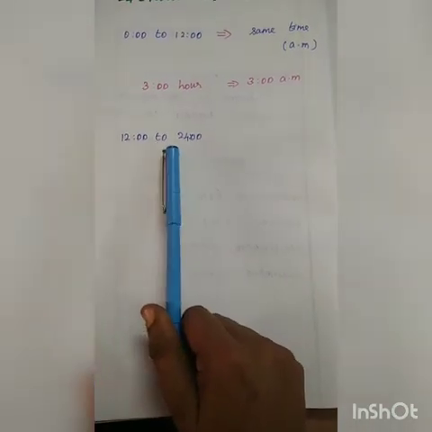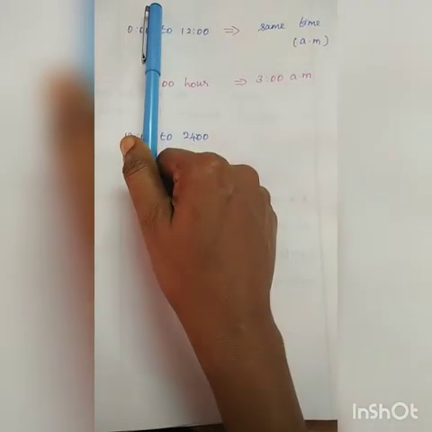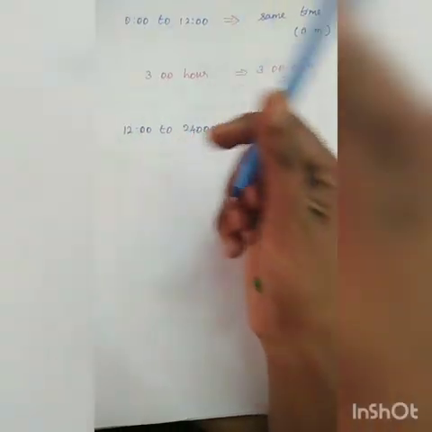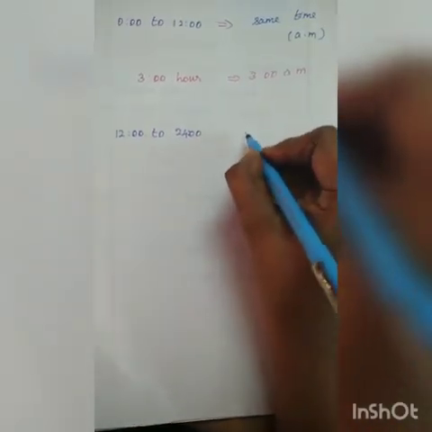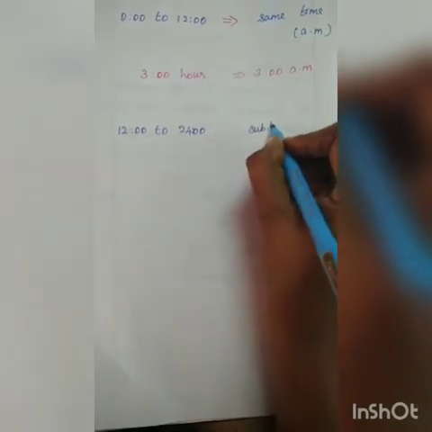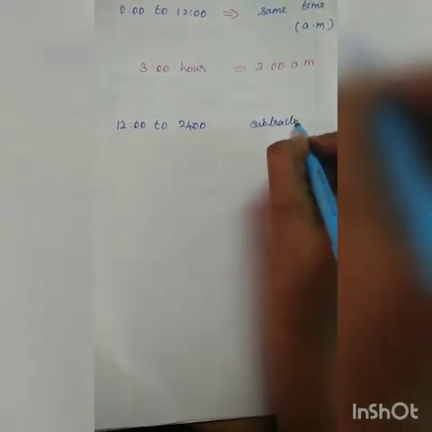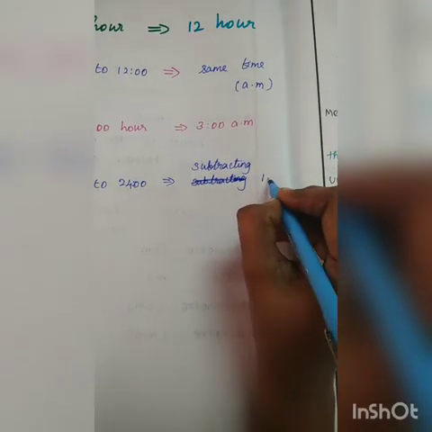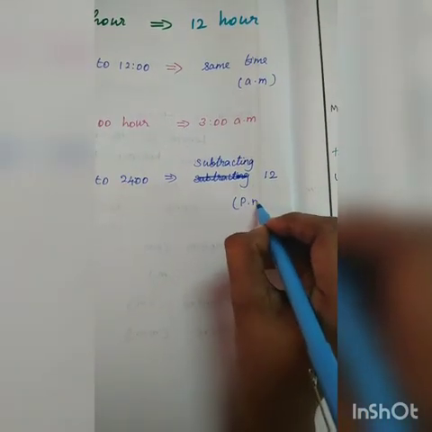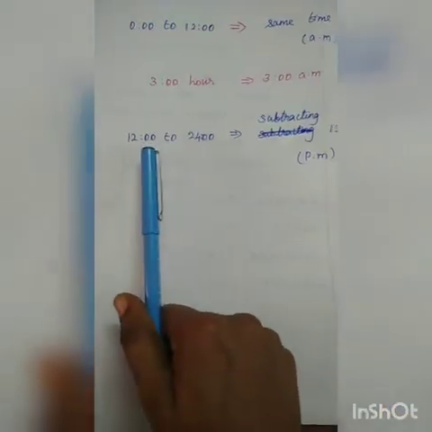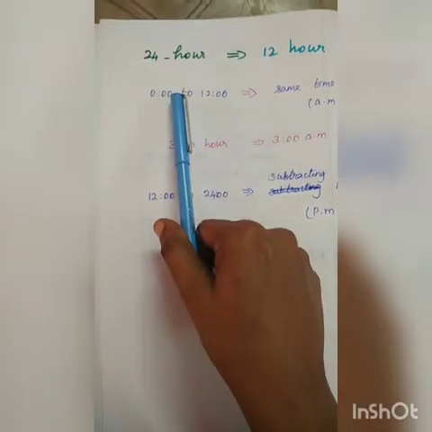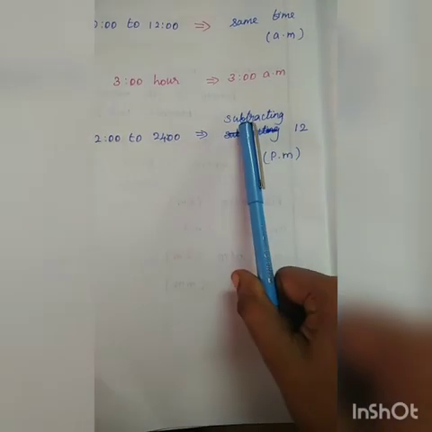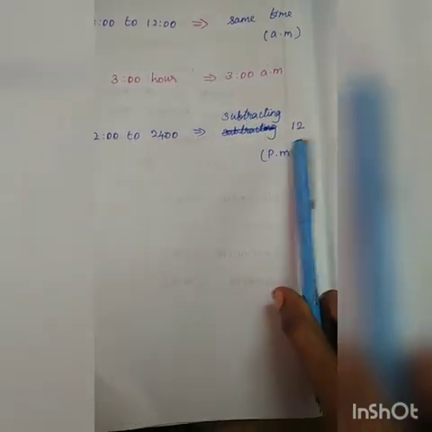For 12 to 24 hours on the 24-hour clock, the p.m. time is got by subtracting 12.